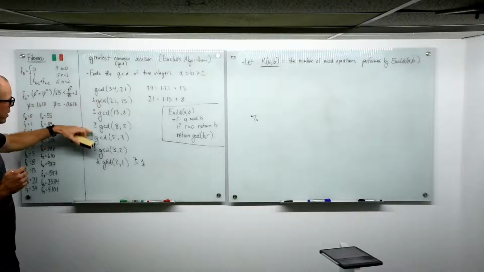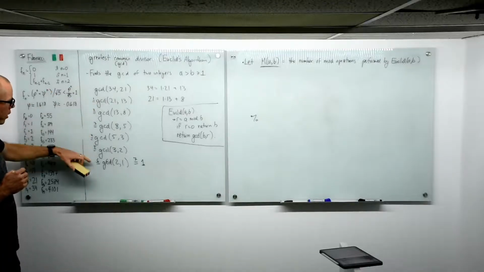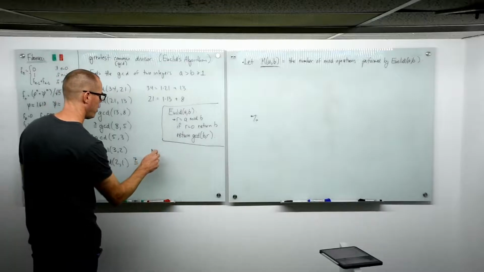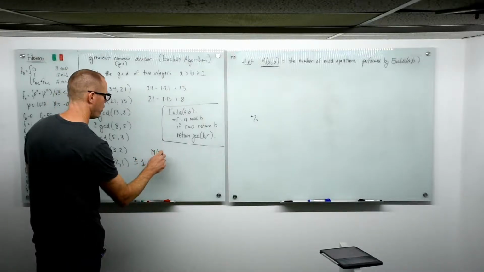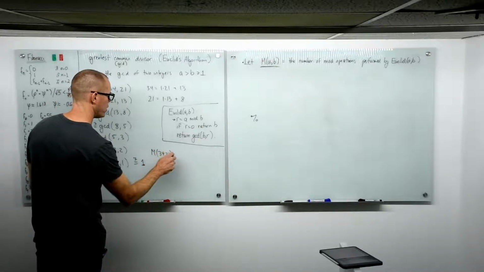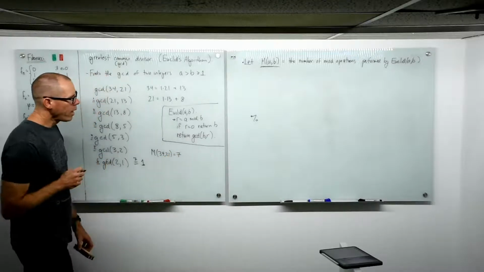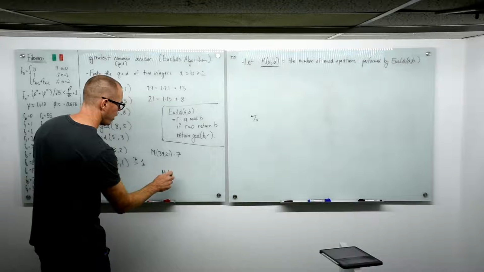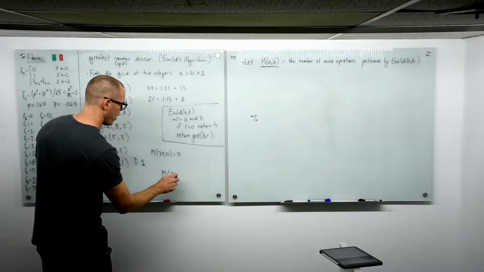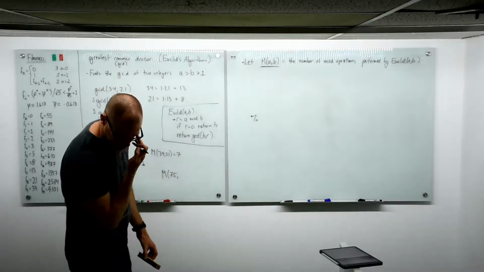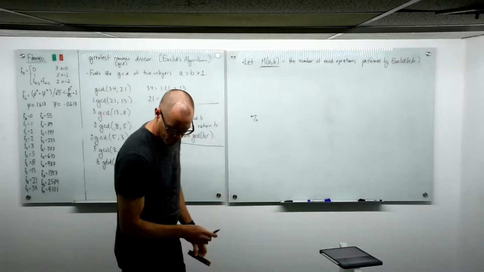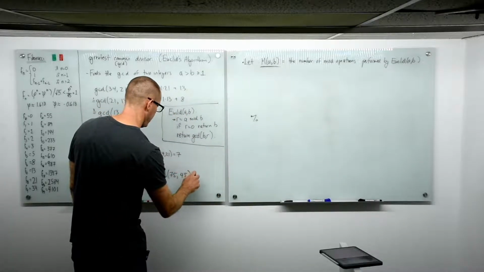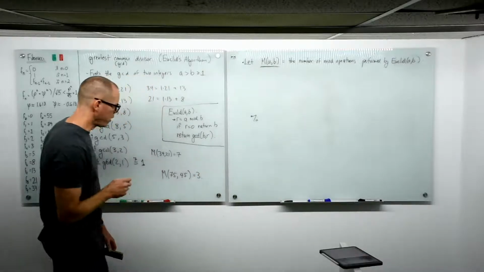So each of these involves one mod operation. So M of 34, 21 is equal to 7. And although it's gone, I think we saw that M of 75, and what was that example? 45. That was done in 3 steps.